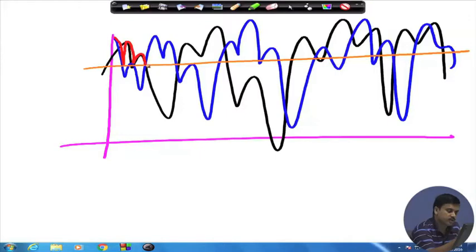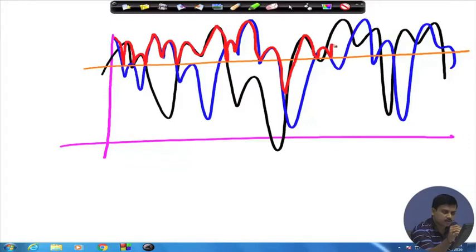So, here it is, and then it switches. Even though the blue one is going better, it carries on with the black till it reaches this threshold. At that point, it switches. Here you can't help it, here it crosses over and then switches.